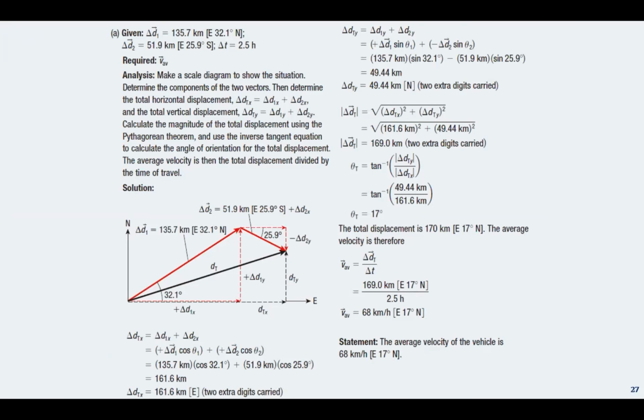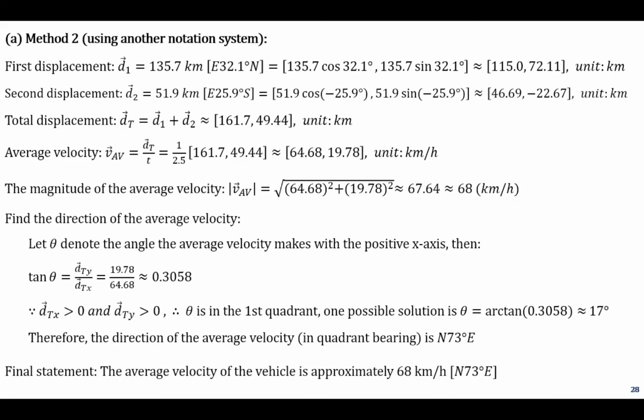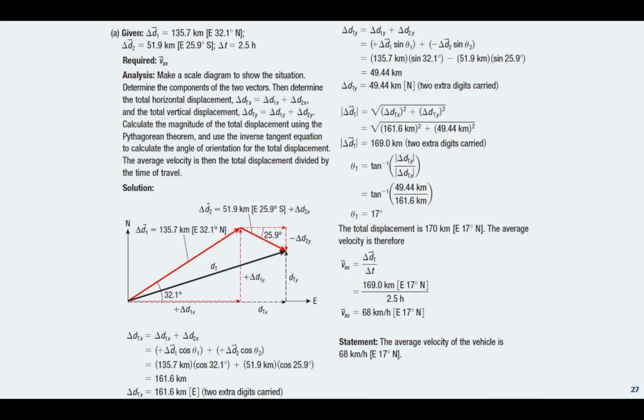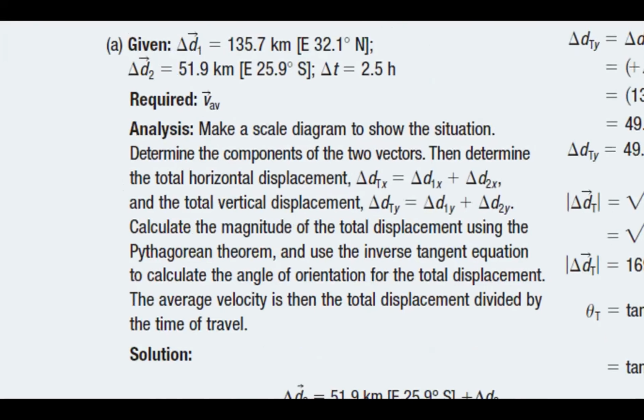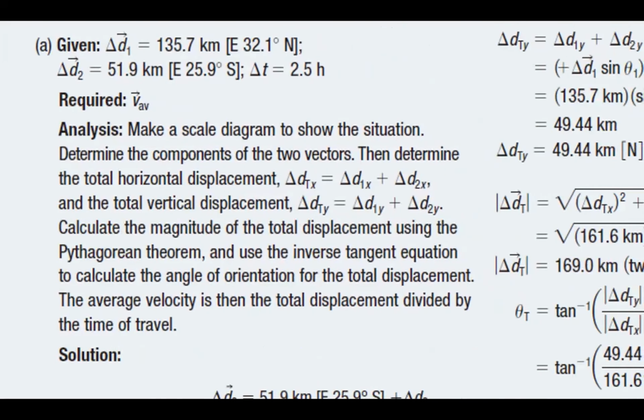Okay, so for question A, let's have a look at question A first. In question A, we are given the first displacement delta D1, which is 135.7 kilometers, direction 32.1 degrees north of east, right?